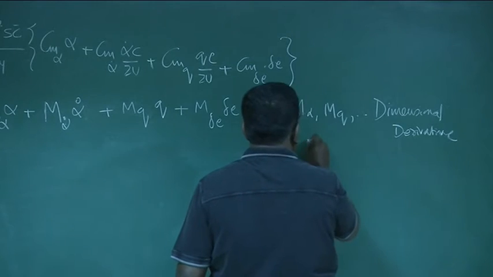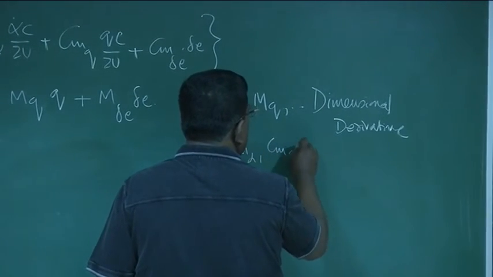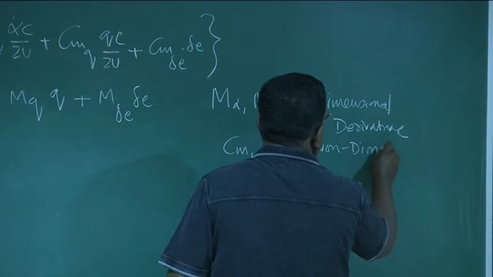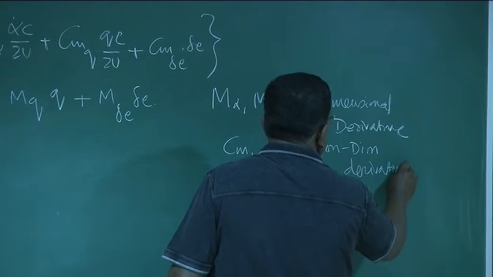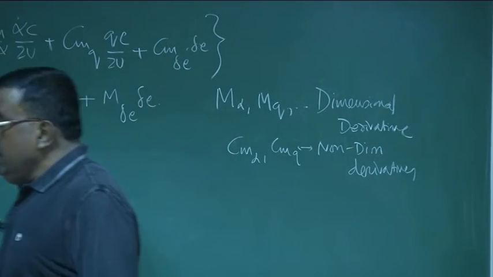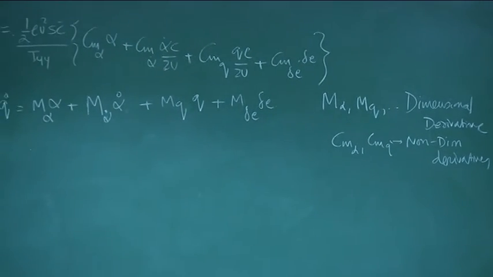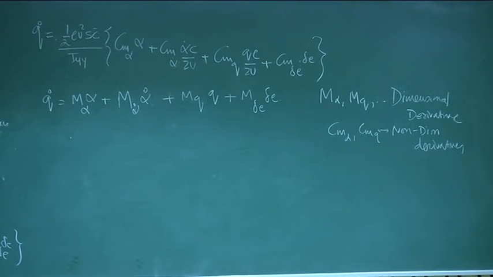In contrast, if I write Cm alpha and Cm q, they are non-dimensional derivatives. It is obvious that if you see the dimension of m alpha, you will find that it indeed has a dimension. You can check yourself by putting in all the dimensions.